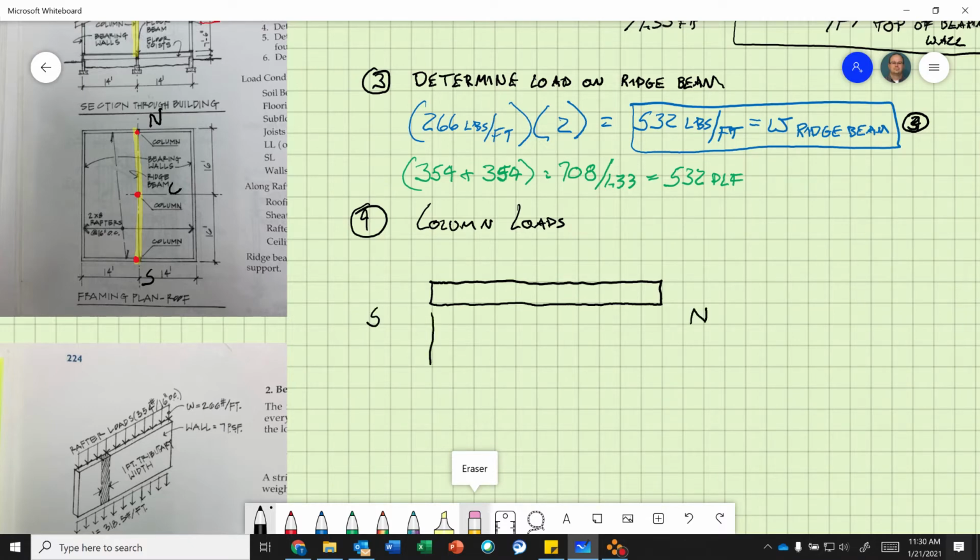So now we have a reaction south. We have a reaction. That's the, or I'm sorry. Let's do this a little bit differently.